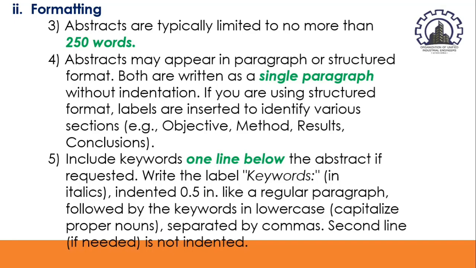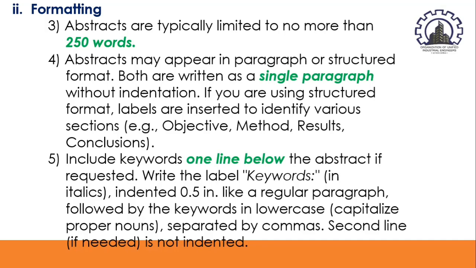If you're using structured format, labels are inserted to identify various sections such as objective, method, results, conclusion. Again, in making your abstract, you can see there the objective, the method that was employed in your study, the result of your study, and your conclusion as well. Okay, remember, this is a summary of your whole study.